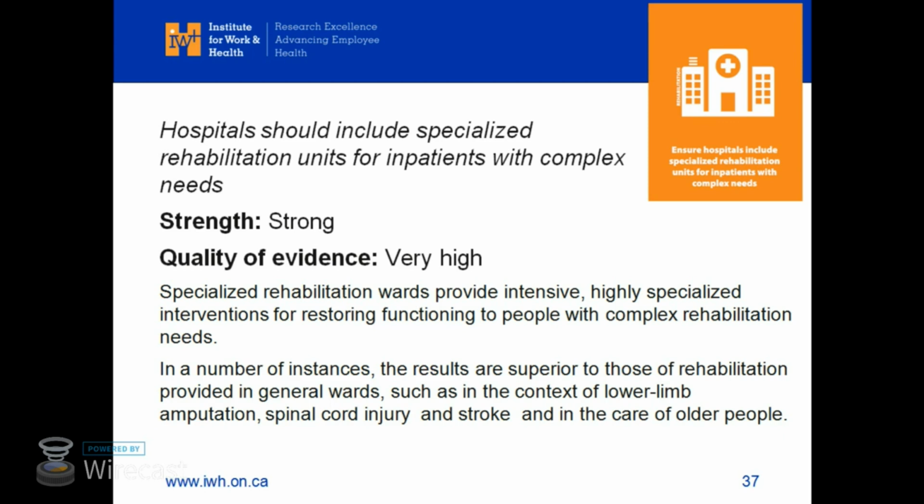WHO thinks that this guideline will have a shelf life of 30 years. That's because they don't expect that the evidence will change dramatically, but also it's how long they think it's going to take for these countries to apply these recommendations. We're talking about a major shift in investment of money, in building infrastructure, training the workforce.